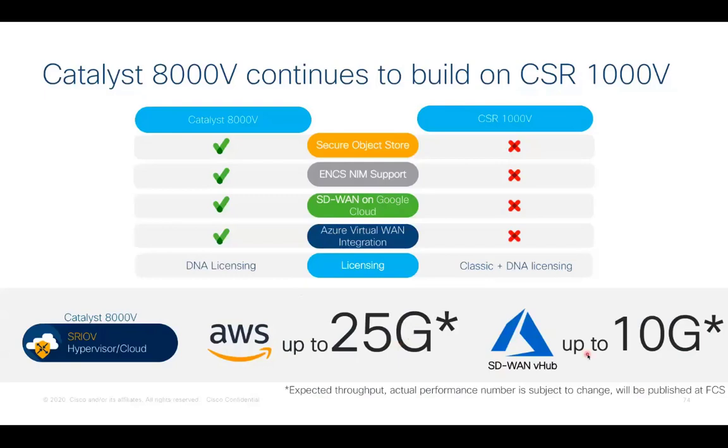And with Cisco SD-WAN with Azure integration, you can deploy Cat 8000V as a virtual SD-WAN hub, and we expect 8000V throughput can go up to 10 Gbps with 1400 packet size. And that's for SD-WAN. For the non-SD-WAN use cases for Azure, the IPsec traffic at 1400 bytes can theoretically go beyond 10 Gbps of throughput.